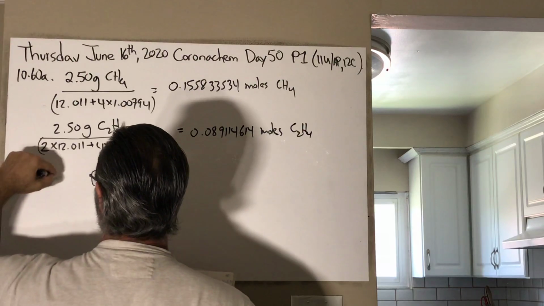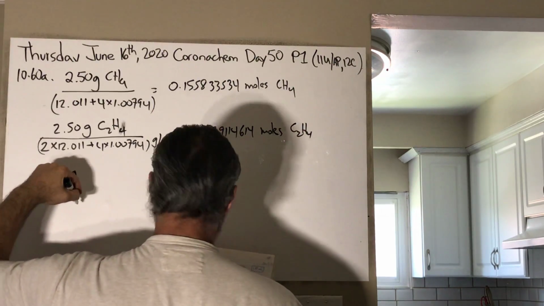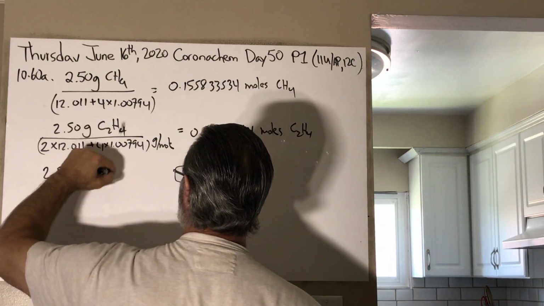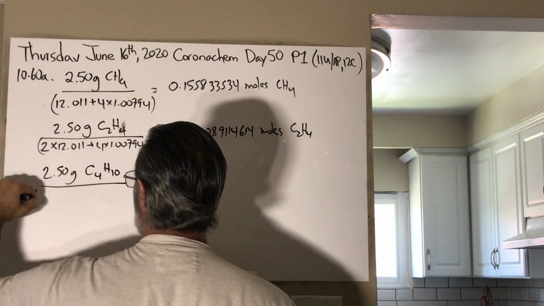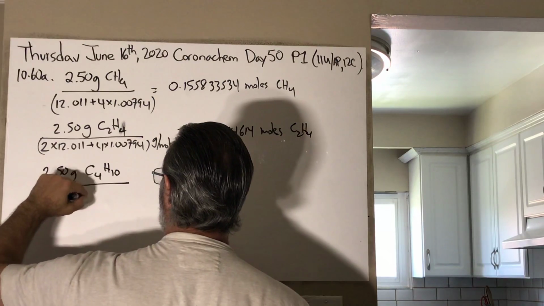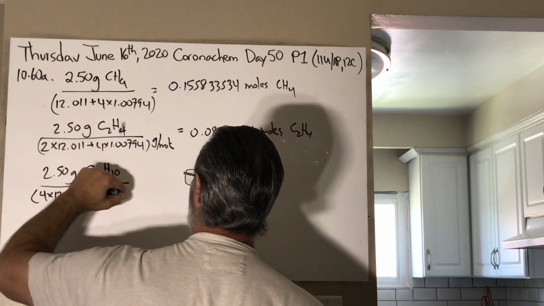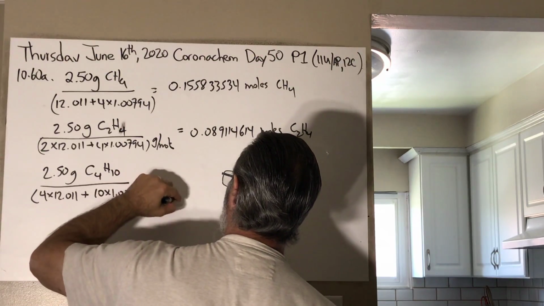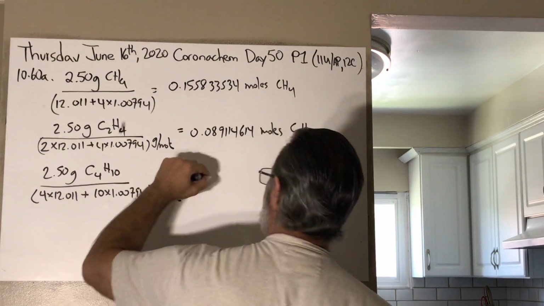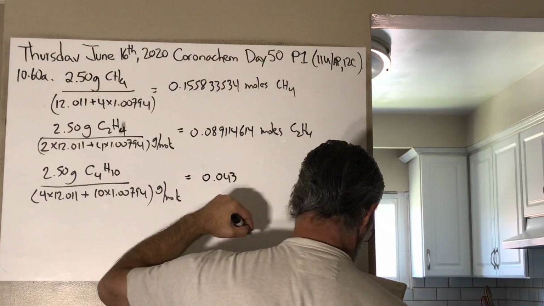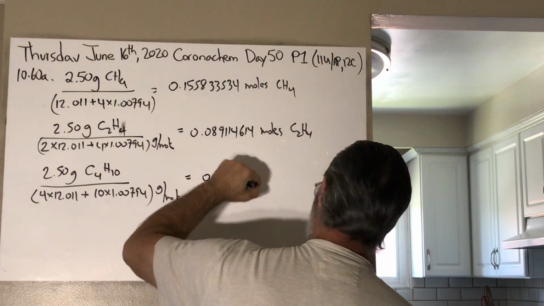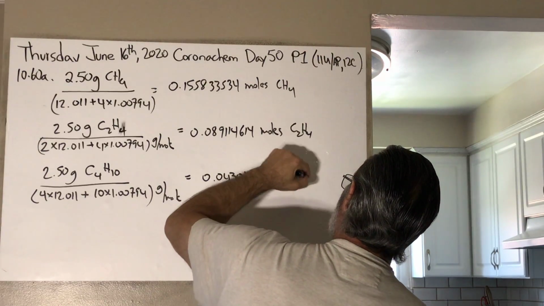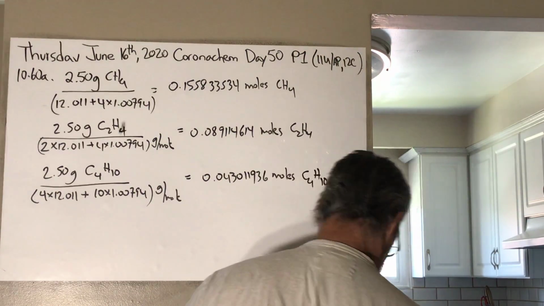And the last sample was 2.5 grams of C4H10, which is butane. So 4 times 12.011 plus 10 times 1.00794 grams per mole means you're going to have 0.043011936 moles of butane, C4H10.